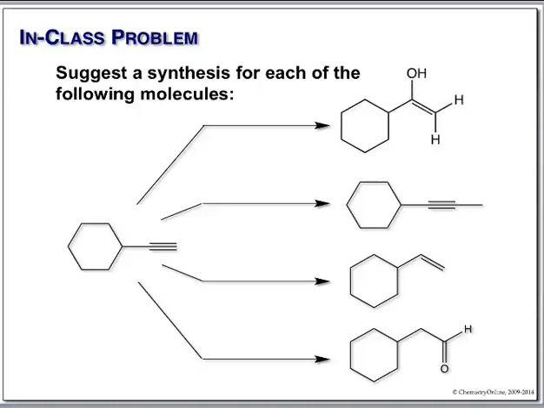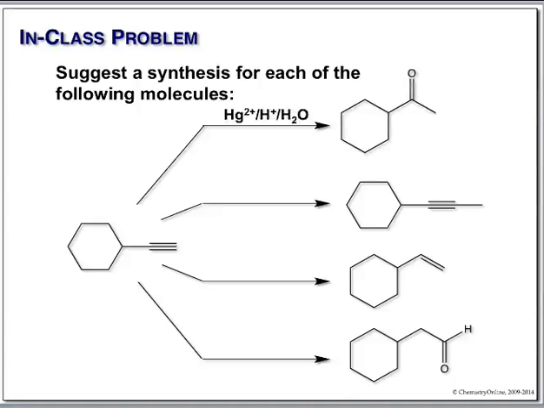Now, we all recognize that the enol is in rapid equilibrium with the ketone. The way this works, the base pulls off the hydrogen here, puts it here, and this converts into the ketone, looking like this.